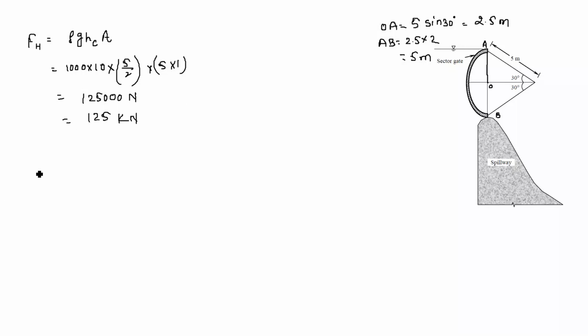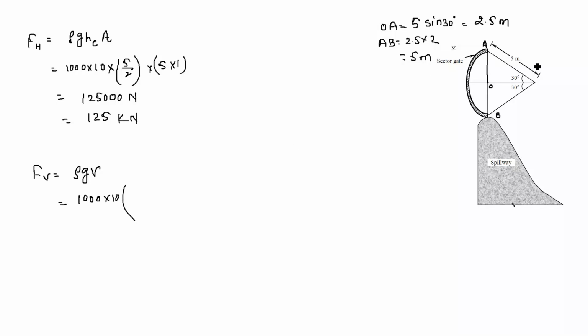Now the vertical force. Vertical force is nothing but the weight of water displaced by that body. That can be found by rho into g into volume, where volume is the volume of displaced water due to this curved surface. Here rho is 1000, g is 10.